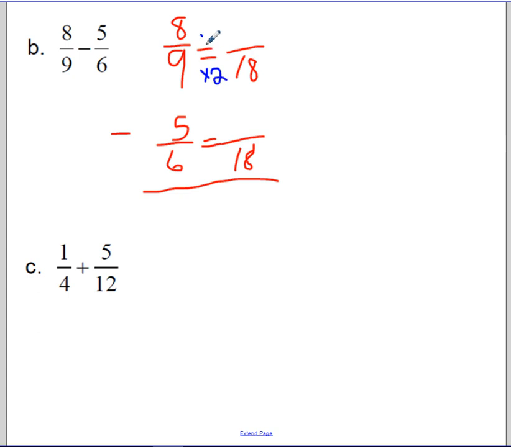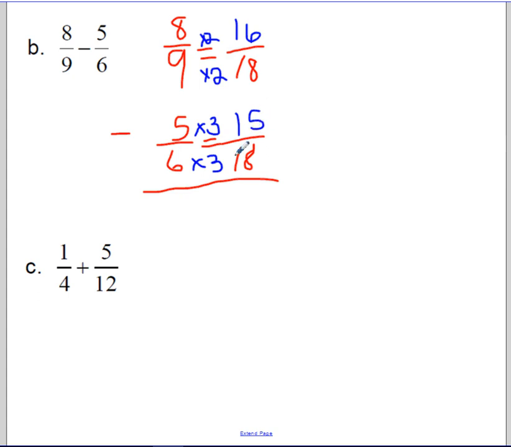So we have to double, or times 2, the numerator. And 8 times 2 is 16. Now when we look at our second fraction, to get from 6 to 18, we have to multiply it by 3. And so 5 times 3, or 15, will be our new numerator.